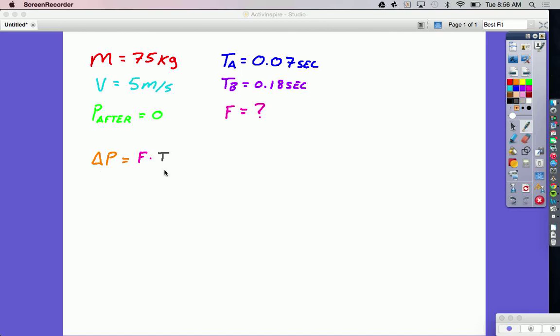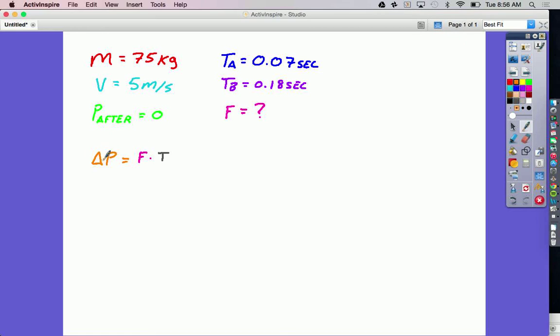So we know that the change in momentum equals the force multiplied by the time for any object. This is the impulse momentum theorem. The change in momentum is equal to the force acting on that object multiplied by the time during which the object is having the force exerted on it. So the change in momentum, by the way, that is a delta.